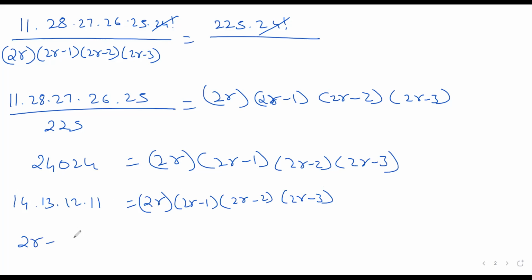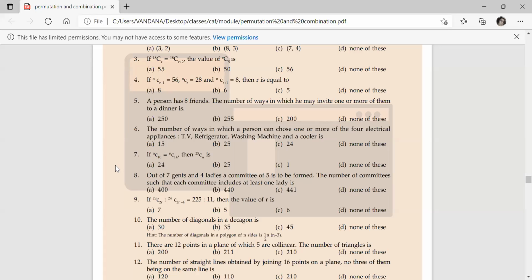So 2r is equal to 14, r is 7. So if r is 7, then we can find out, then this is true. A big sum, but we'll have to do it. Otherwise, you can also put the options and try.